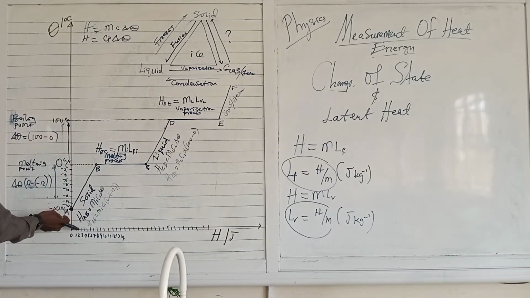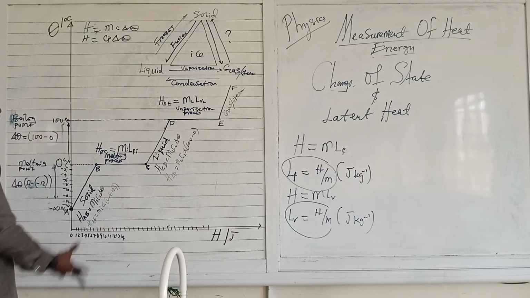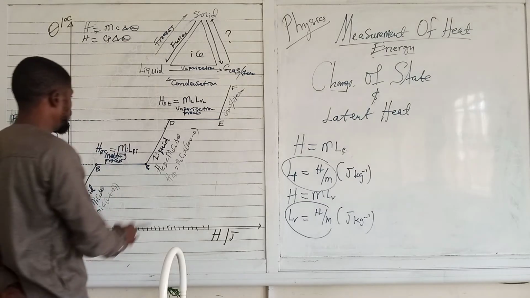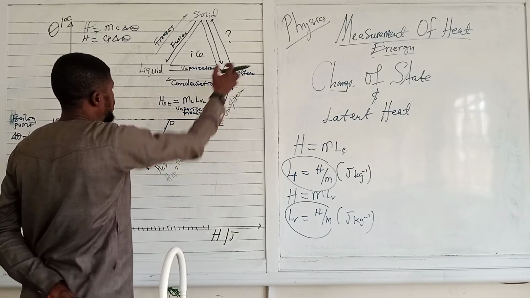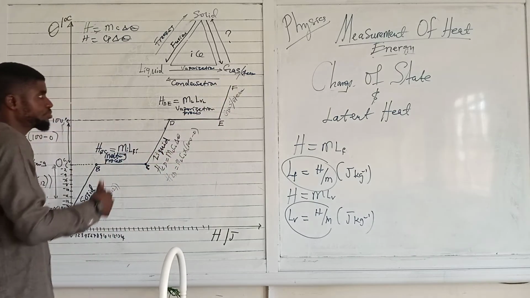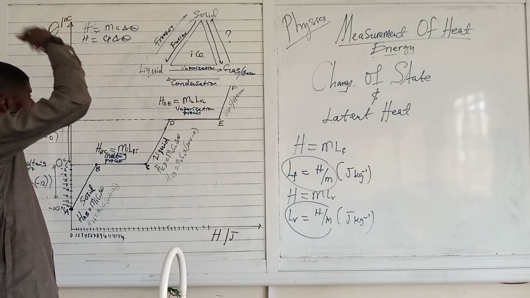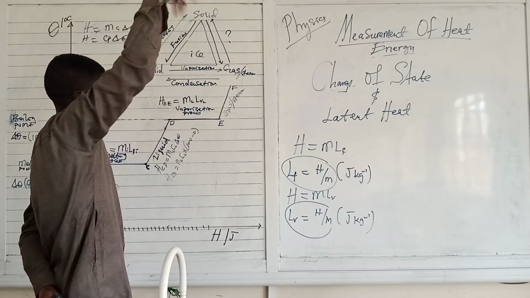At point AB, you have just normal heat energy that can increase the temperature of the system. And then beyond, you have the heat energy that is responsible for changing it from maybe a gas to maybe plasma.